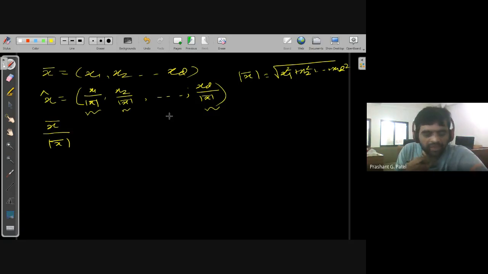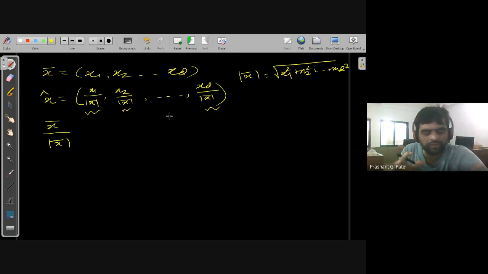Okay. Another way is to generate using polar coordinates, as I already told you: generate a point y bar uniformly over the unit ball and scale the point x upon x bar.